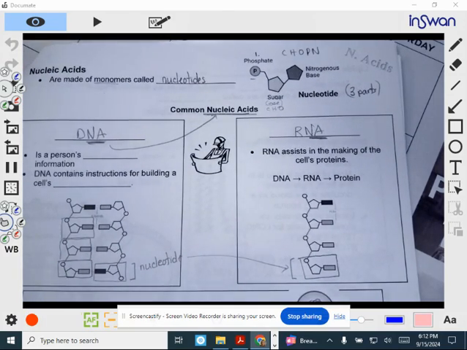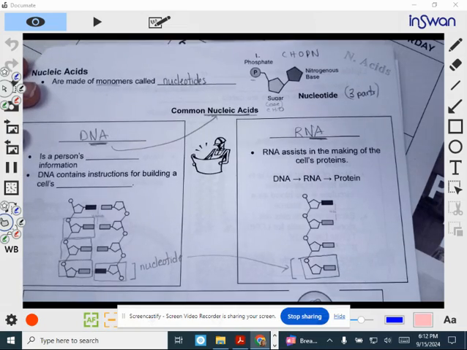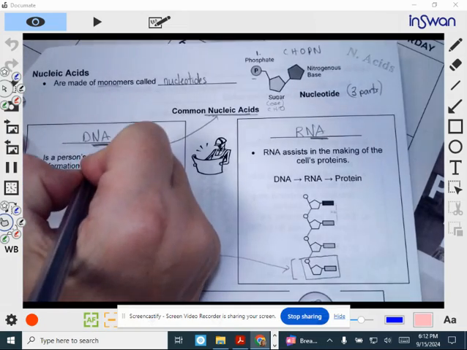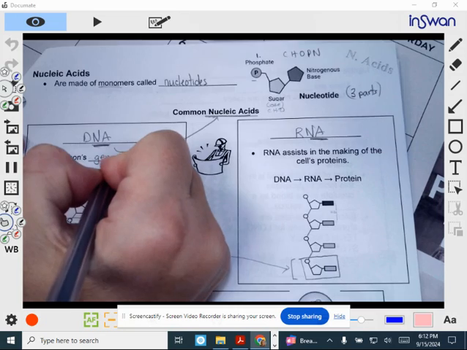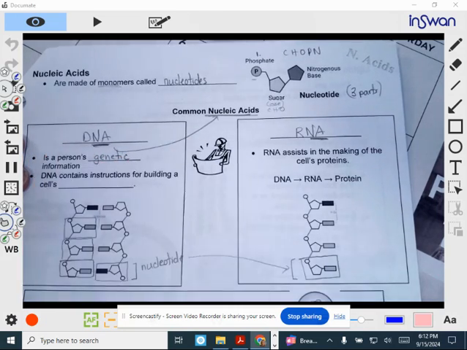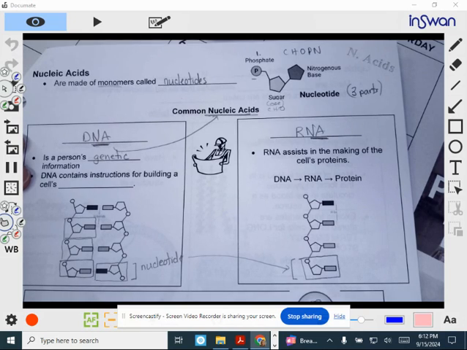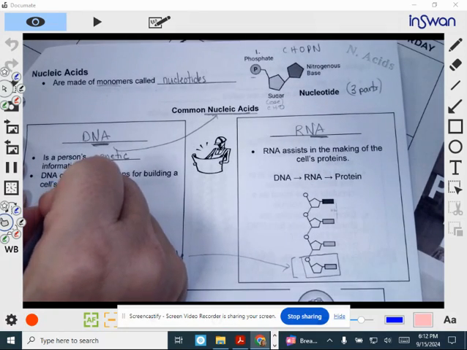But what I want you to remember about DNA is it is a person's genetic information. Now you might wonder, what does that mean? Like, how does DNA determine your traits? Well, it does it by coding for the building of different proteins.